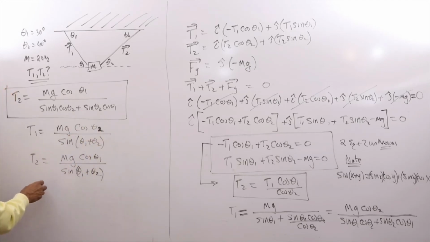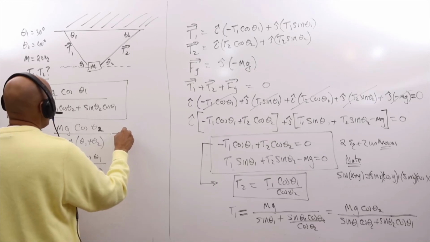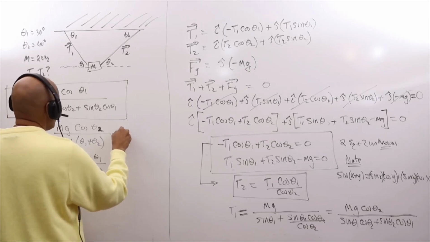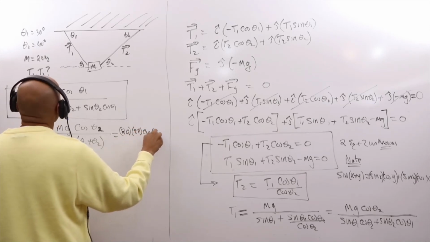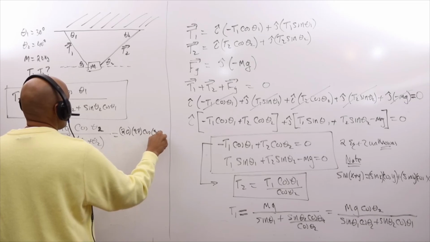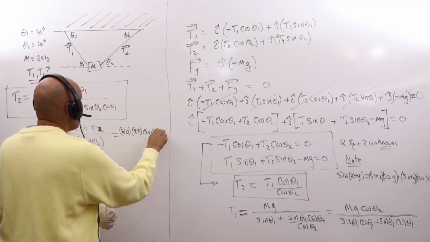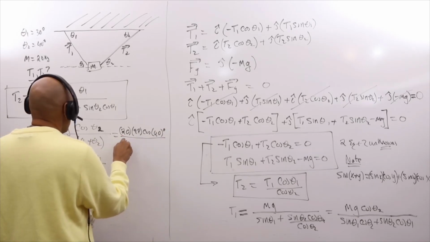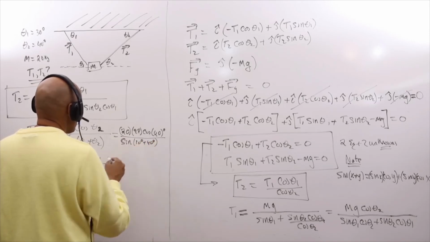So the last step is in your calculation for T1, you'd actually substitute these numbers in. So the mass is 20 times 9.8 cosine of 30, sorry, theta 2 is 40 degrees, so put that 40 degrees in, and all divided by the sine of 30 degrees plus 40 degrees.